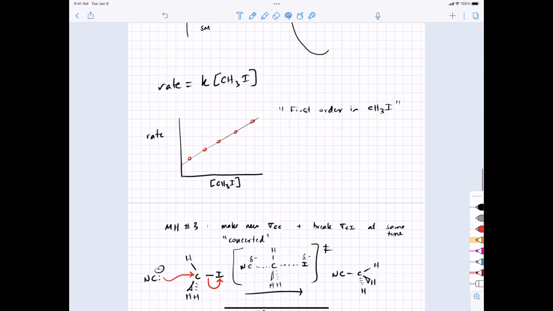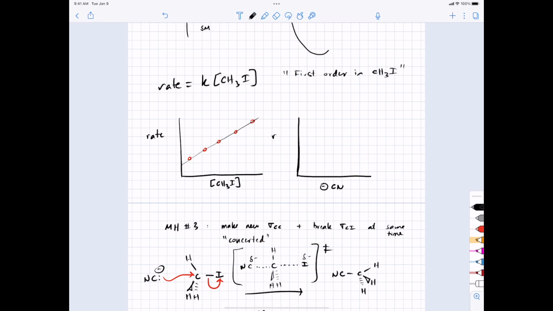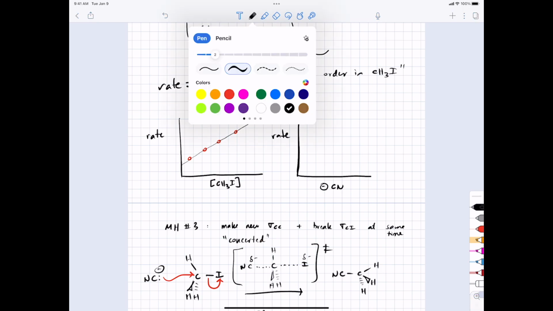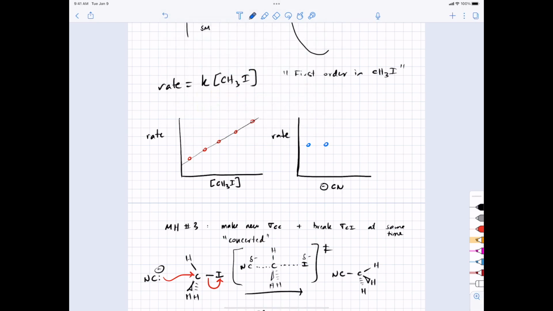Okay, so for this reaction, in contrast, if we had varied the concentration of CN minus and measured the rate, what we might see is that the rate is basically independent of the concentration of CN minus. And so we would say that the reaction is 0 order in CN minus.